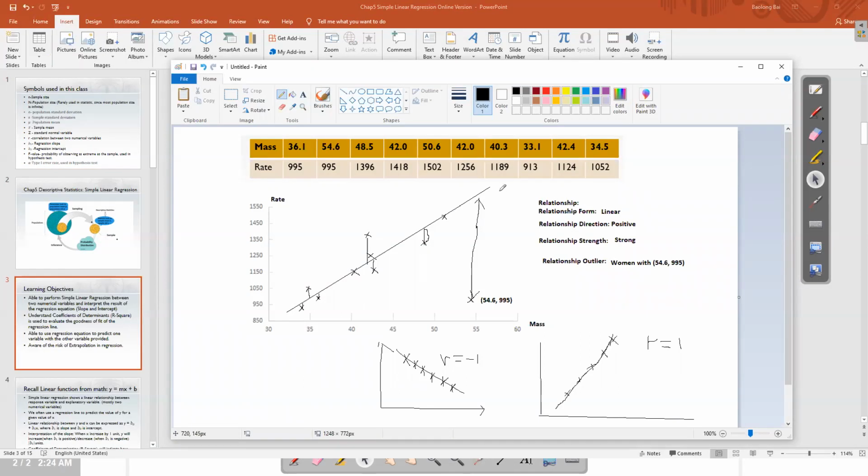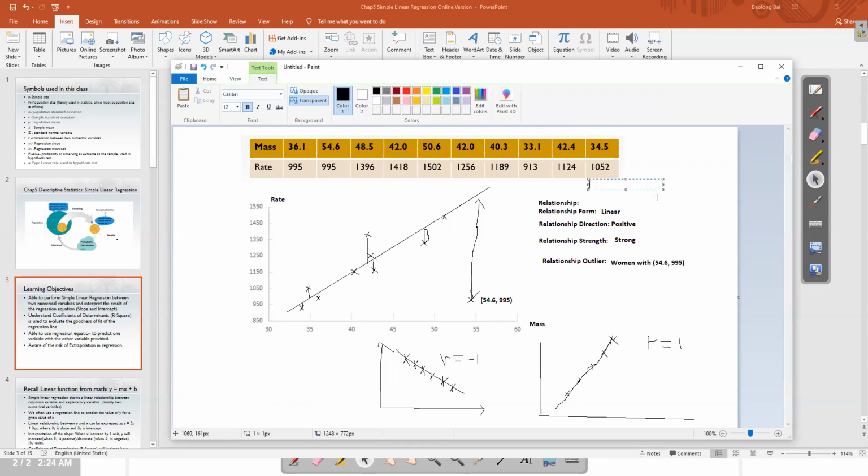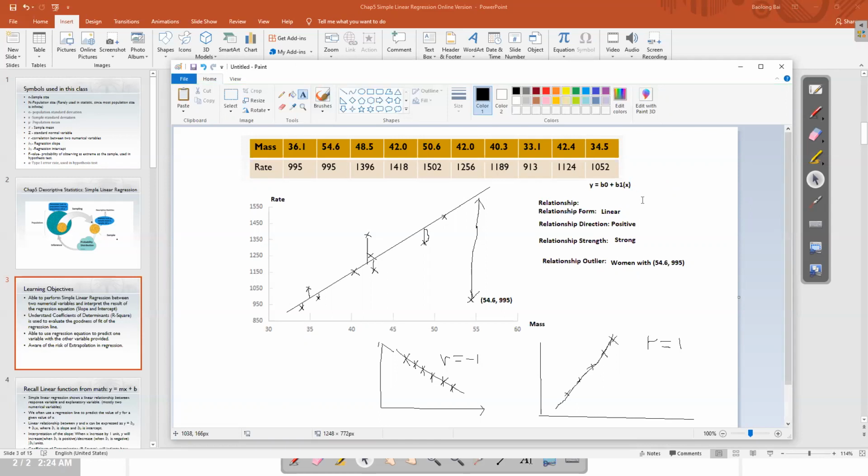So we know any linear relationship has a general form of y equals mx plus b, right? So we use different symbols: b0 plus b1 times x. We have b0 as the intercept and b1 as the slope. With different combinations of b1 and b0, you're going to have a different line in the xy plane, right?